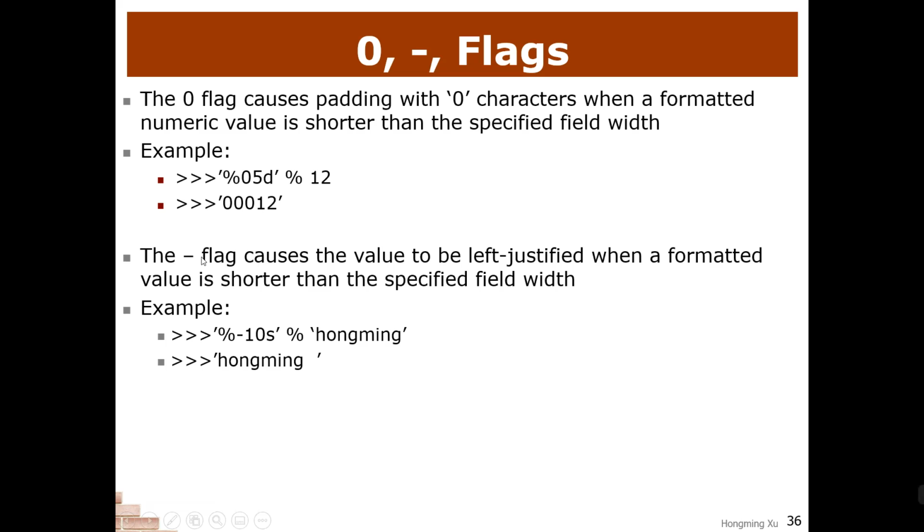The minus symbol flag causes the value to be left justified. We have seen before, by default, if the formatted value is shorter than the specified width, the output is right justified. But if we want it left justified, we can just add this minus flag symbol.